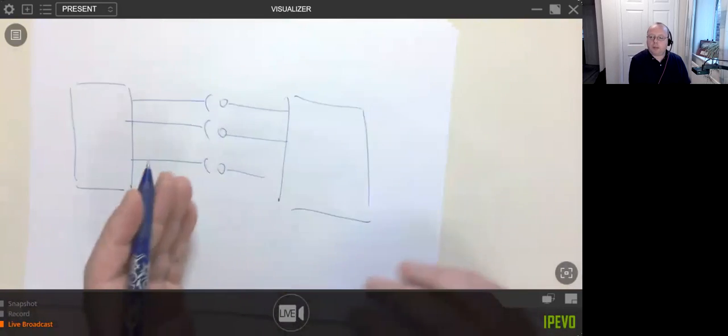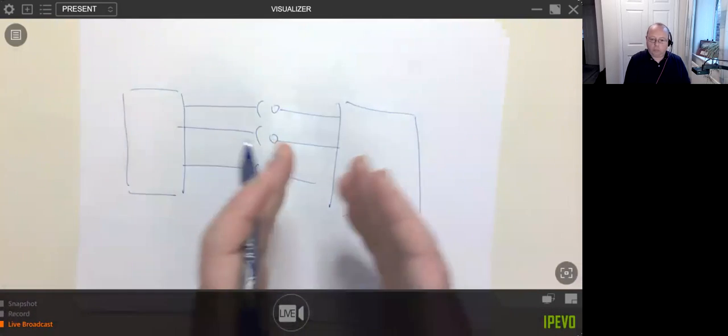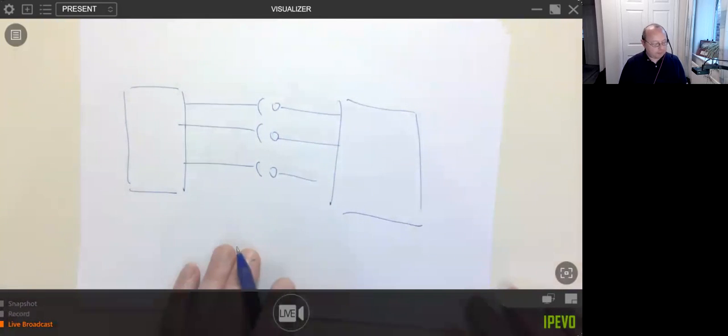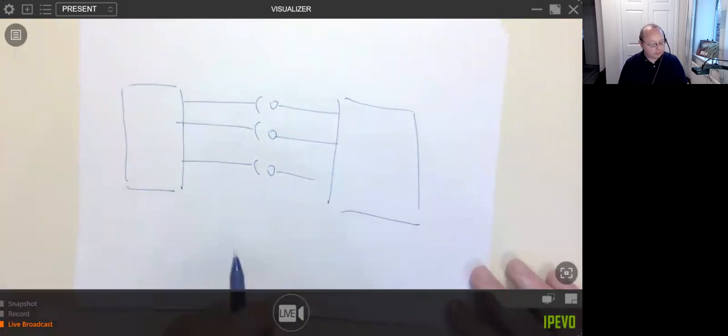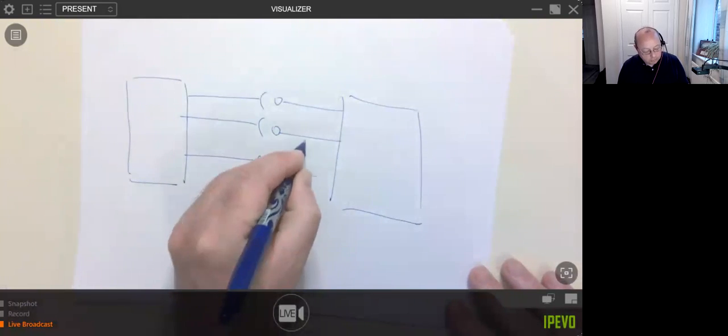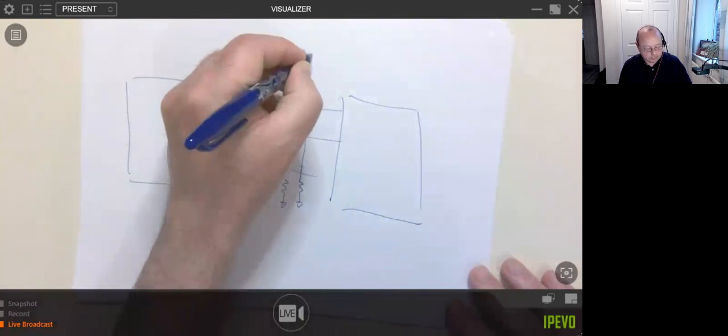If the cable comes apart, what's going to happen? Is it going to have a bad effect? The easy way to deal with that is to put in some pull-up resistors, or pull-down, or whatever floats your boat.